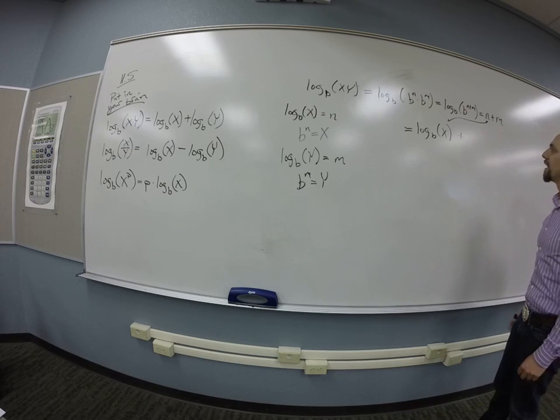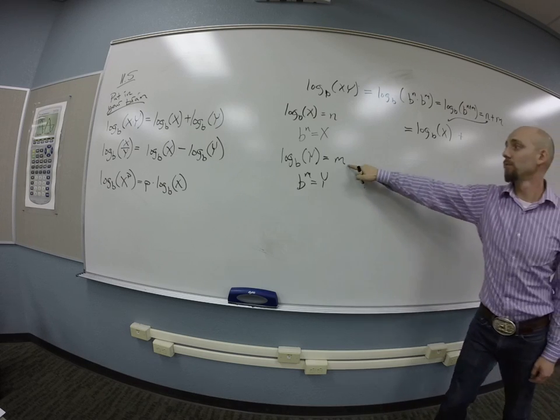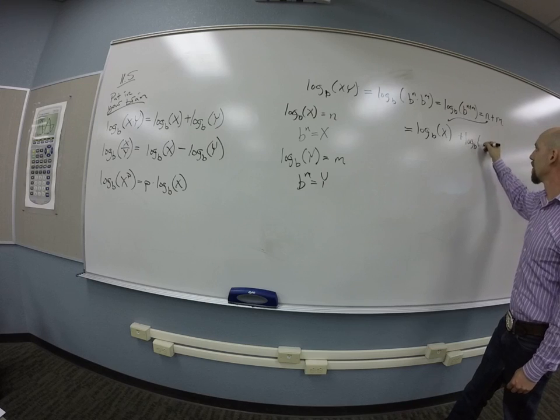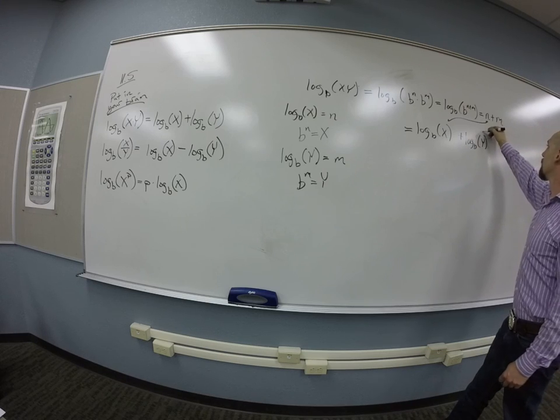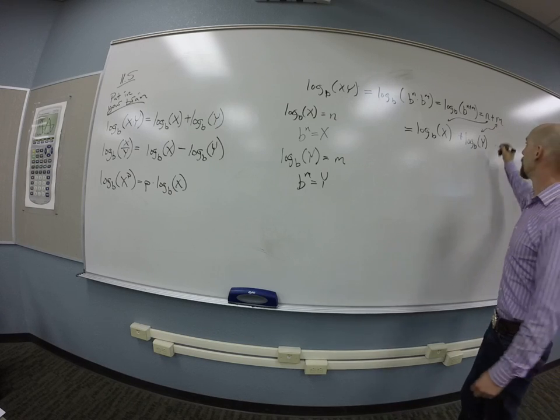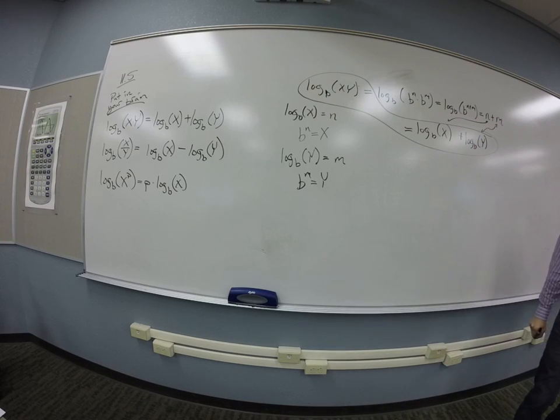Then, what am I adding to that? I'm adding m, which is log b of y. Okay, see that? So this right here, that's my rule, right?